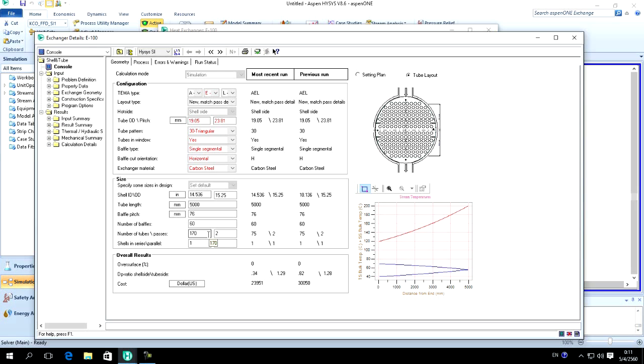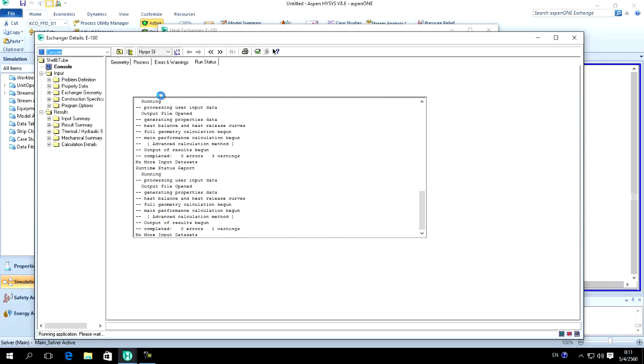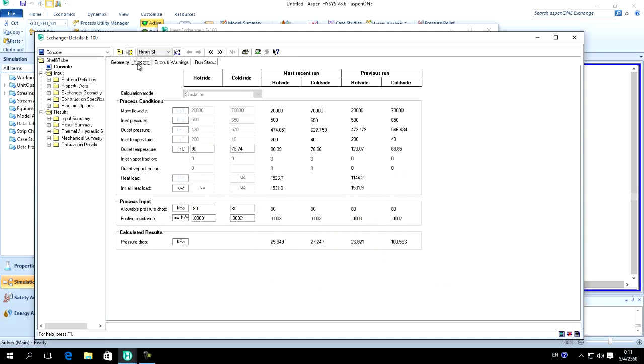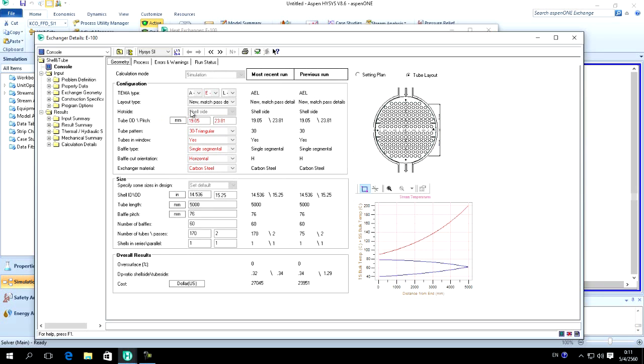And then you have to make sure that the process is still running. When I check with this, I get the outlet temperature pretty close to what I want. Okay, that would be very nice.